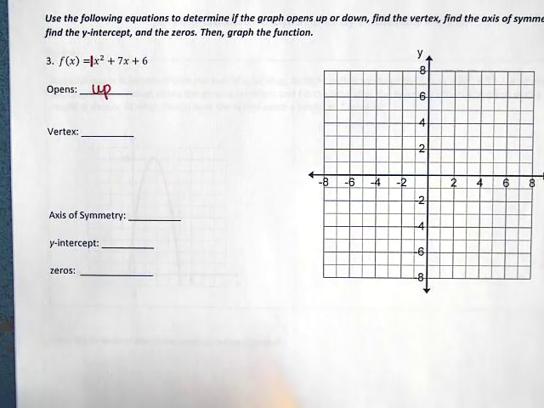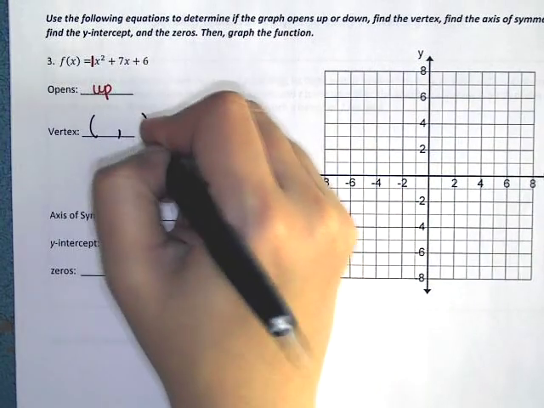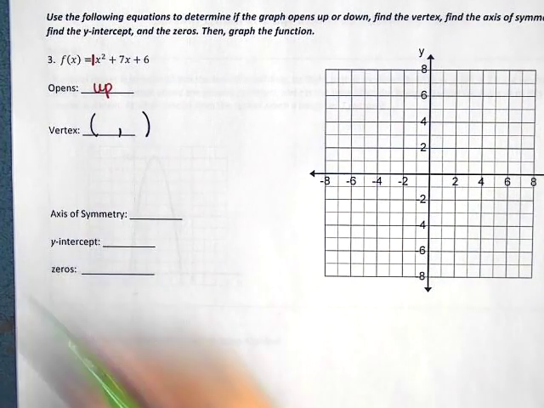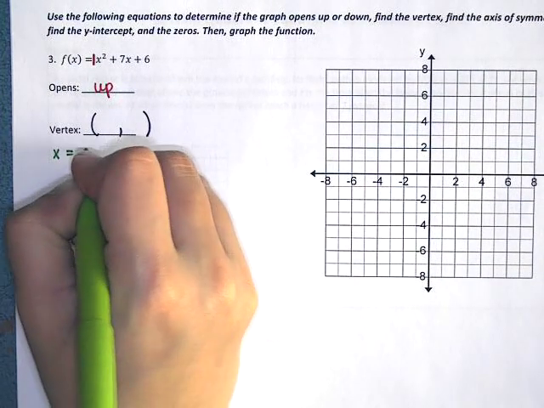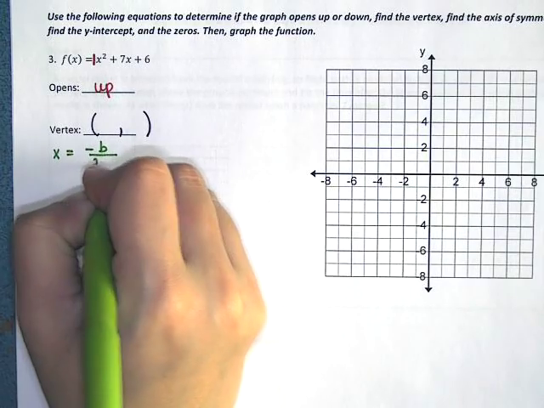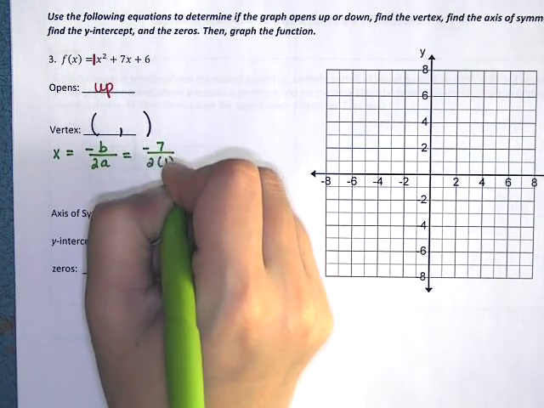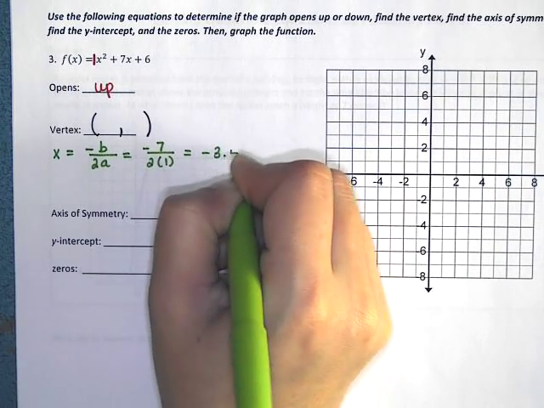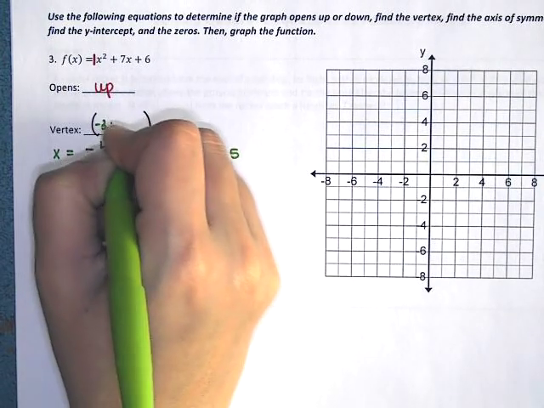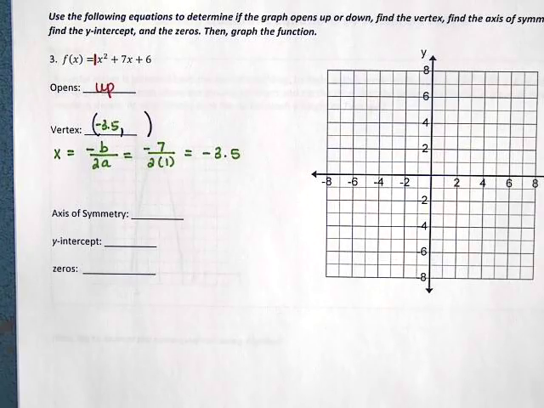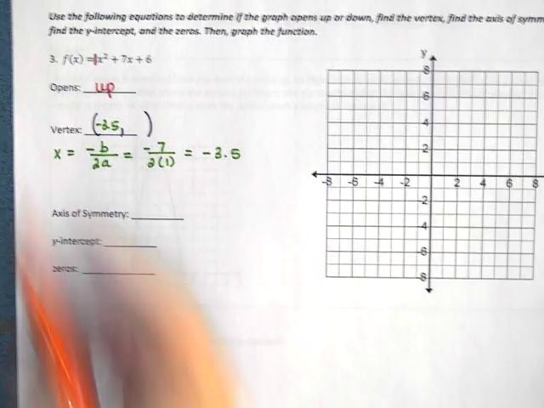To get the vertex, I need 2 different components. I need an x and I need an h. So my x is going to be negative b over 2a, which is negative 7 over 2 times 1, which is negative 3.5. To figure out my y, I'm just going to take that value, the negative 3.5, and I'm going to plug it back into my original equation.